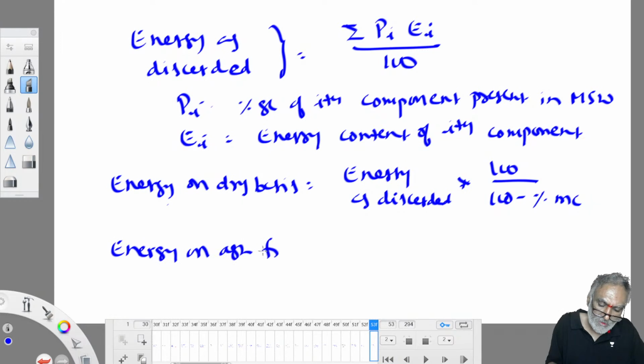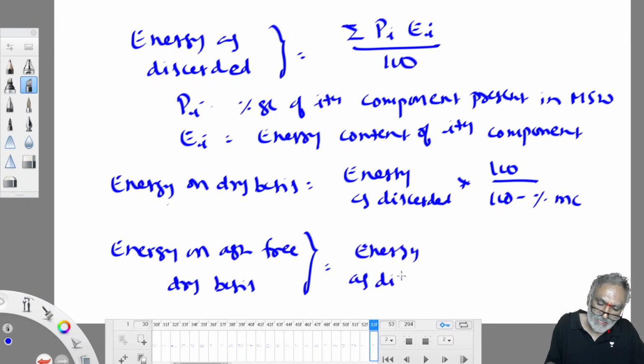Ash also if you remove, then for ash free dry basis you work out, then ash content also you have to deduct. So energy as discarded into 100 by 100 minus percentage moisture content minus percentage ash content.